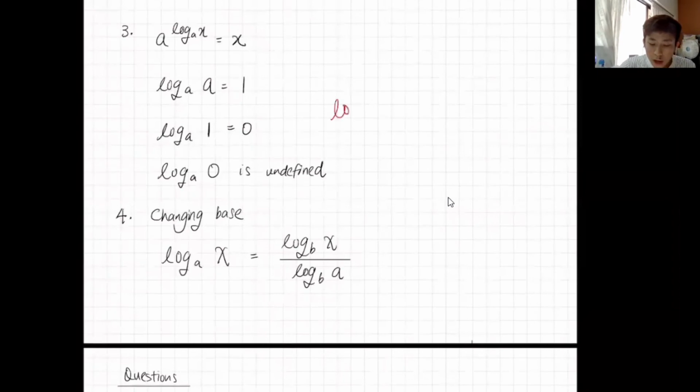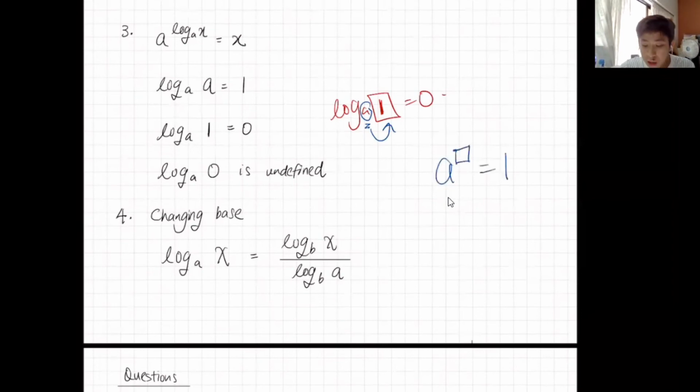You must know that for anything, log a of 1, if the number is 1, the answer is always 0. Similarly, you can use the method I taught you on how to interpret. This question is like asking yourself, a to the power of what will give you 1? If you recall your 4.1 lesson properly, you will know that if you want to power something to get 1, it's always 0.